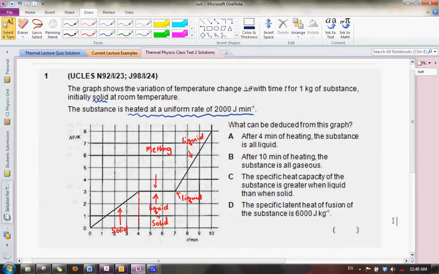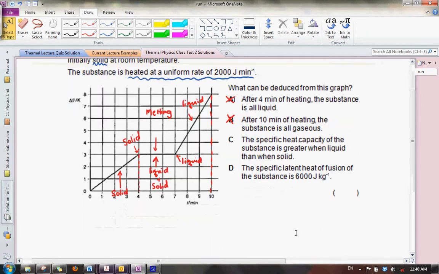After 4 minutes of heating, the object is still going to stay in a solid phase, and so A is not an option. You can also see that after 2 minutes of heating, the object is still not a liquid, so B is also not an option. Let us look at C, the specific heat capacity of the substance being greater when it is liquid than when it is solid.